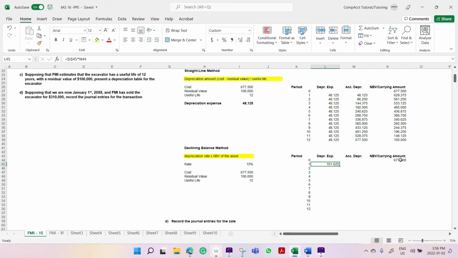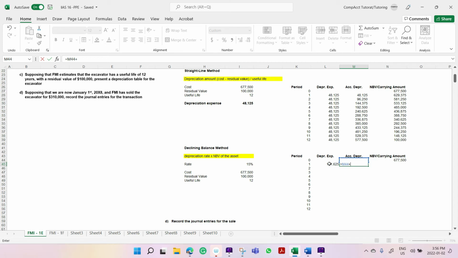So the depreciation expense for the first year obviously is going to be much higher than it was with the straight line method.